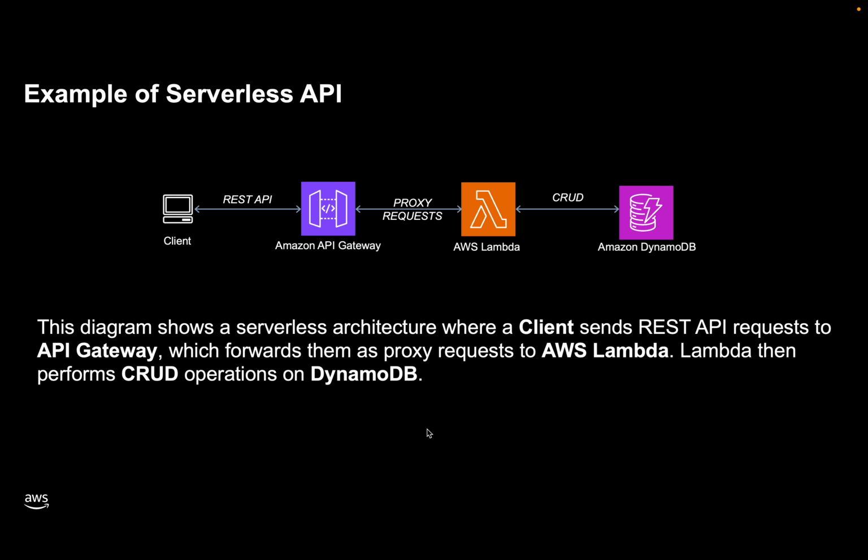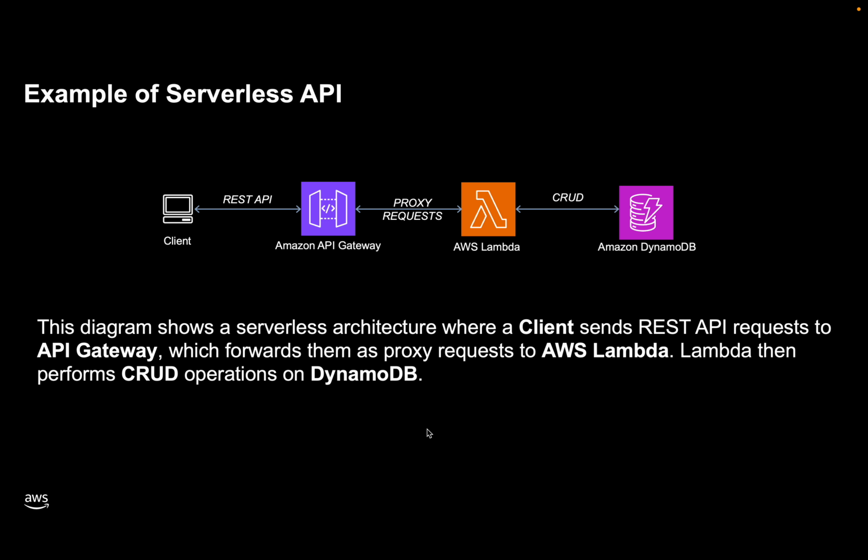In this diagram, the client is making REST API calls to API Gateway, and API Gateway makes the request to invoke the AWS Lambda function, and whatever code we have in the Lambda function is going to be executed.